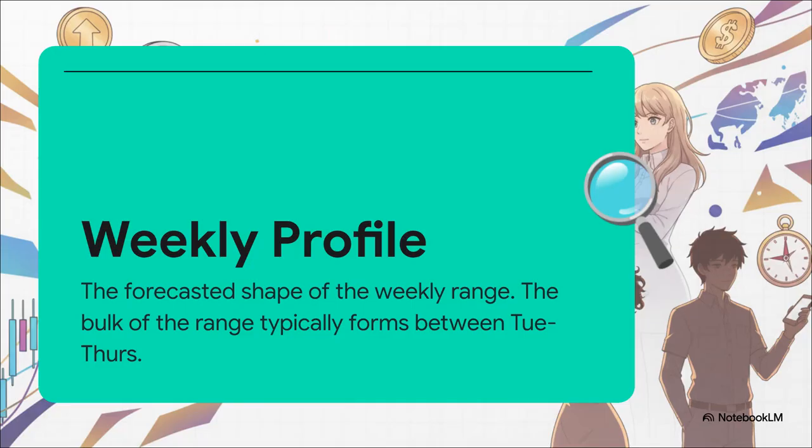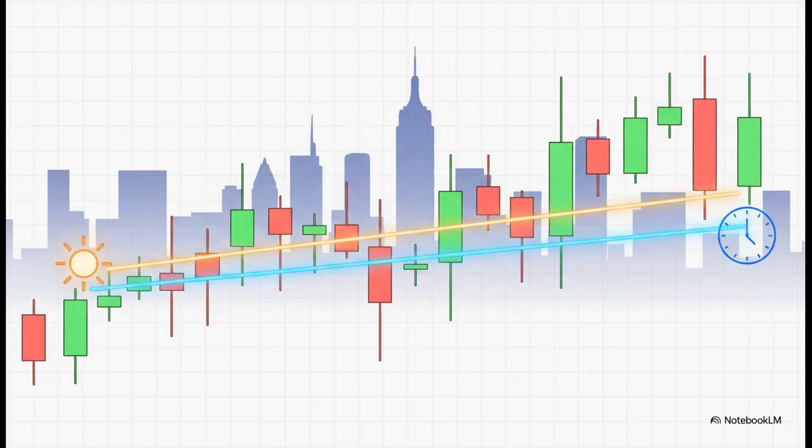The next layer is forecasting the weekly profile. You're essentially trying to predict the likely shape of the week's price action. And the key insight here is that the main move, the bulk of the expansion for the week, usually happens between Tuesday and Thursday. Your best friend here is the economic calendar, because that's what will often trigger those big moves. Now, to frame this weekly analysis, ICT uses two very specific opening prices.